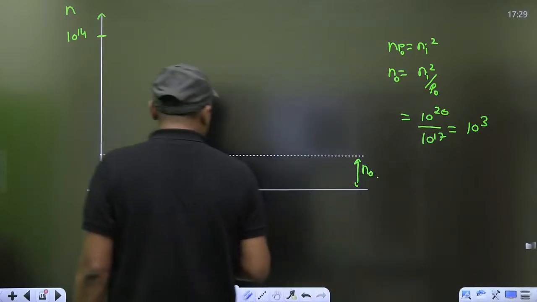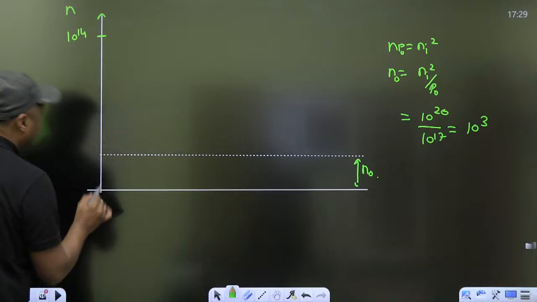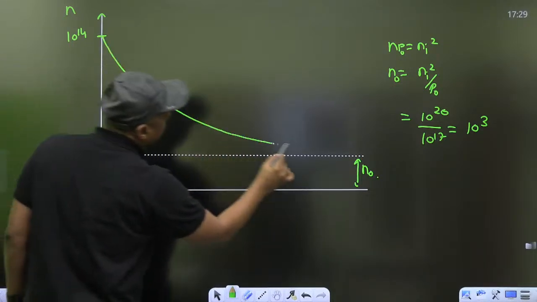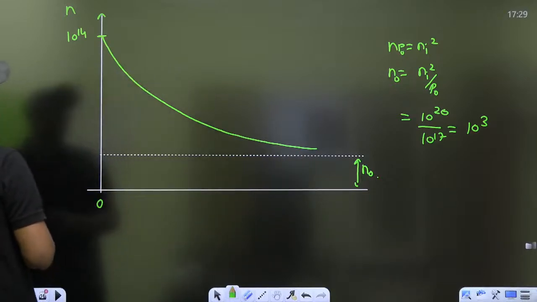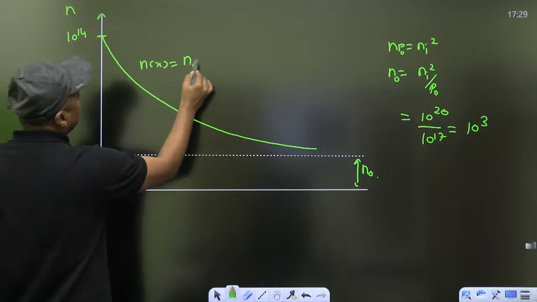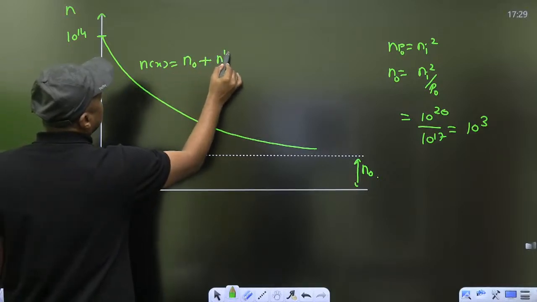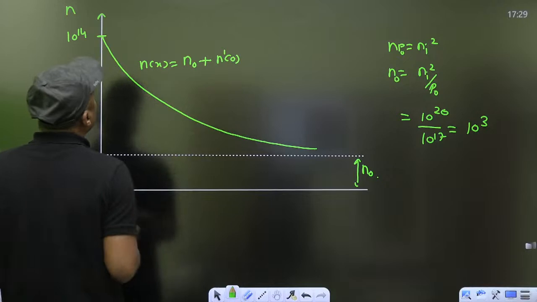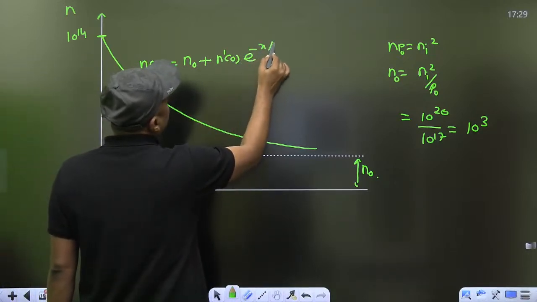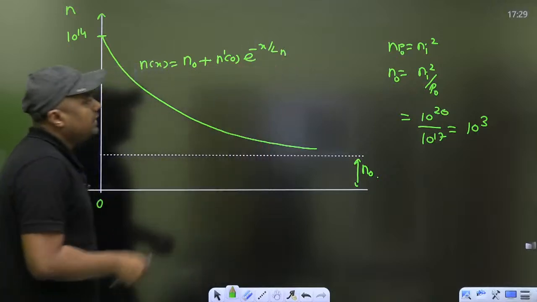And what is the exact concentration at x is equal to 0? 10 to the power 14. Now it is exponentially decreasing. When it is exponentially decreasing, what is the concentration at any point? It is given by n naught plus excess concentration, times e raised to power minus x by Ln.